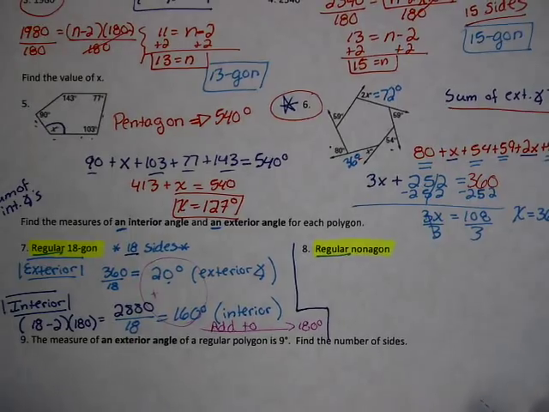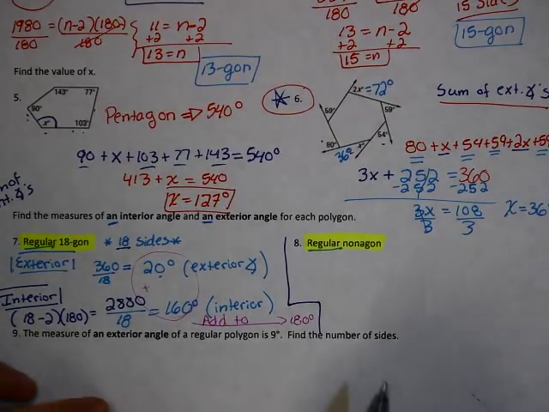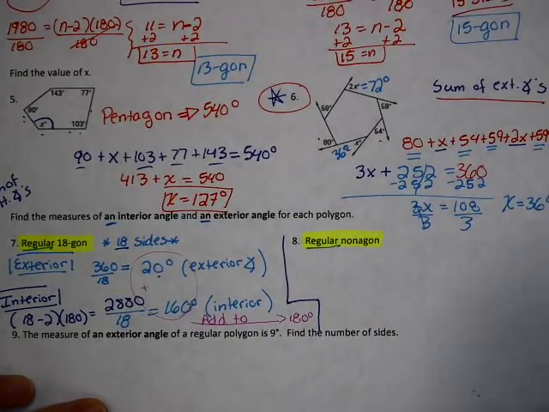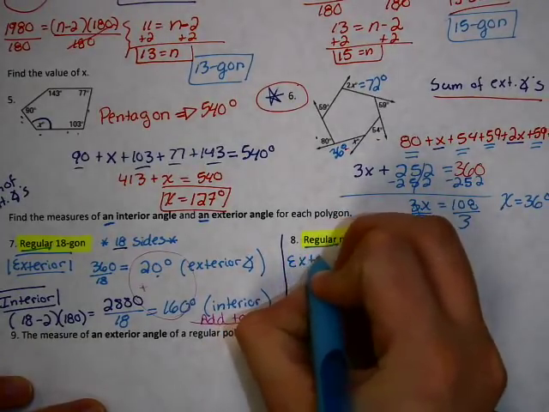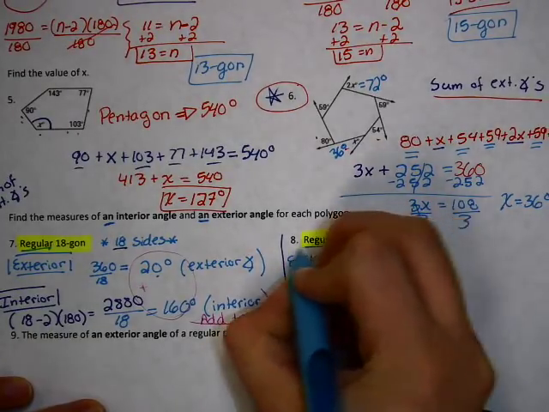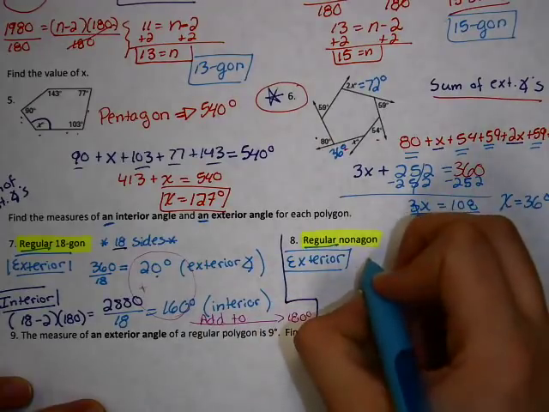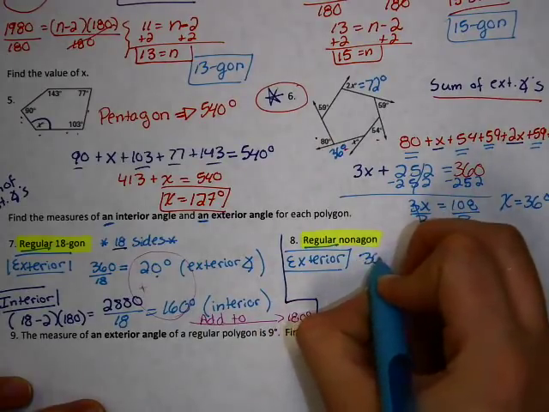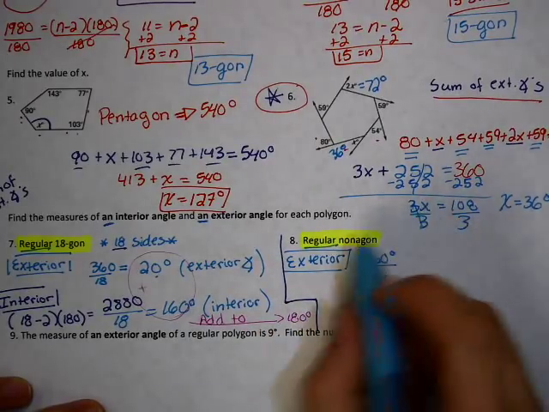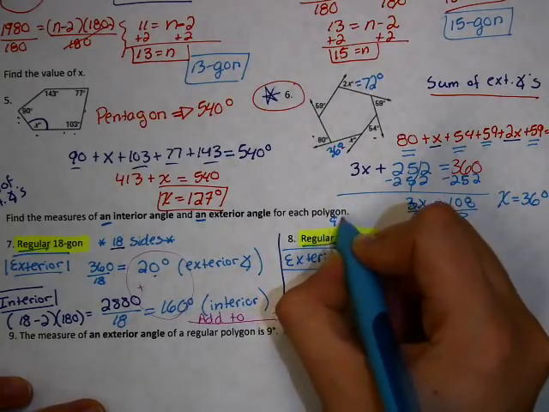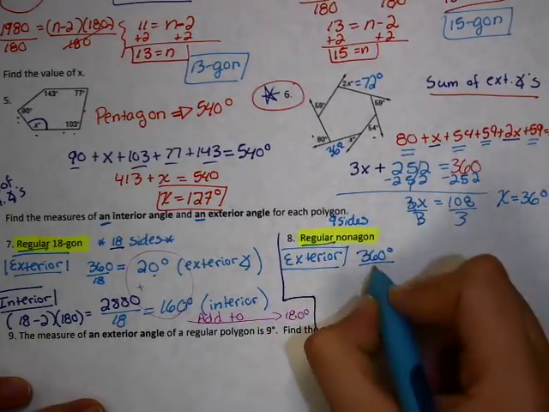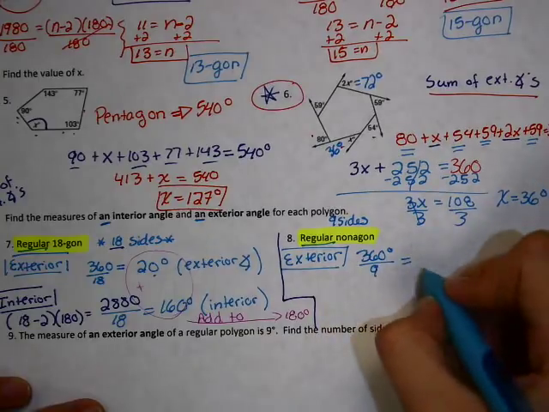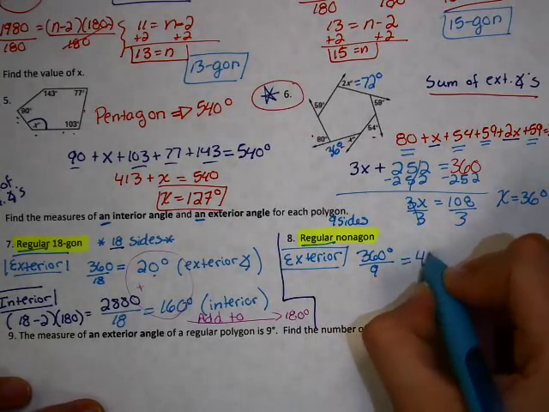All right. Now let's look at a regular nonagon. Let's start with the exterior, which means I have to take 360 degrees divided by, well, a nonagon is 9 sides, so divide by 9, and that gives me 40 degrees.